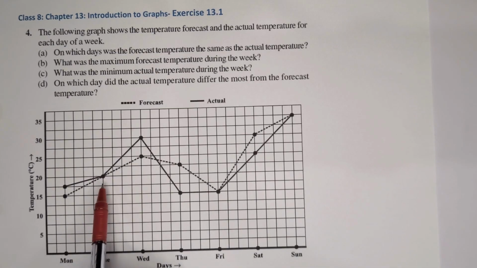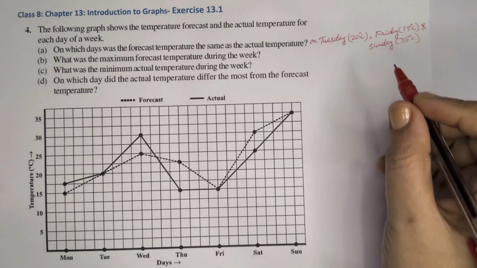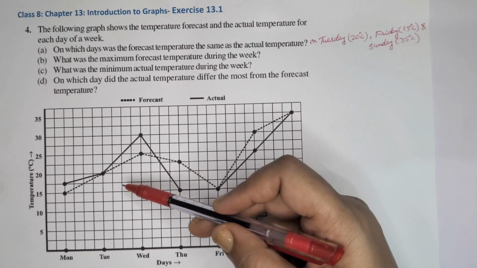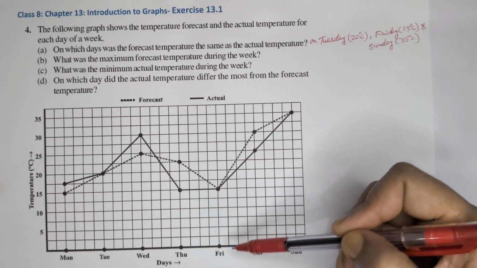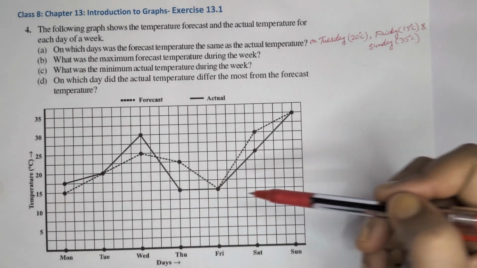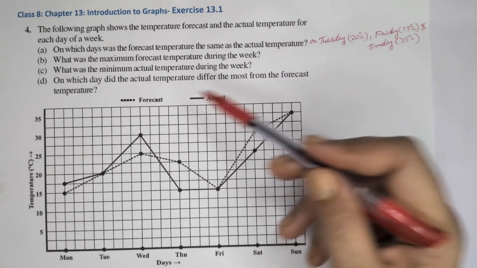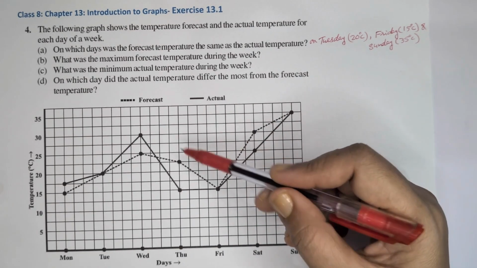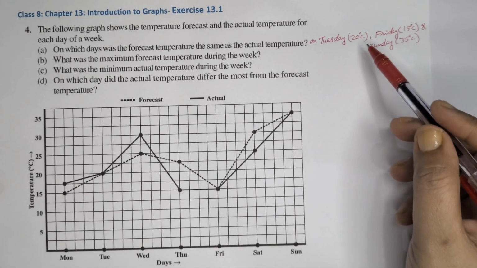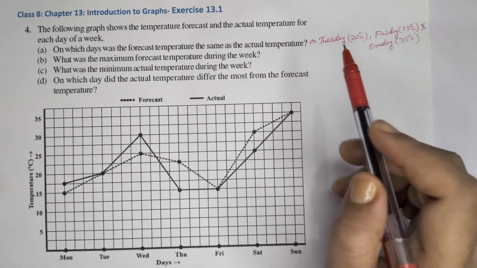These coincide in these 3 days, Tuesday, Friday and Sunday. So we can write Tuesday 20 degrees Celsius, Friday 15 degrees Celsius, Sunday 35 degrees Celsius. Actual and forecast showing the same temperature.